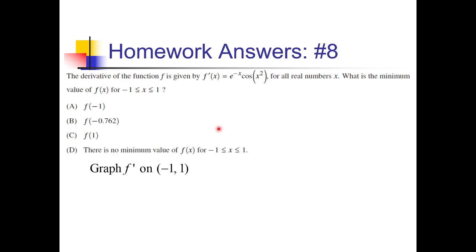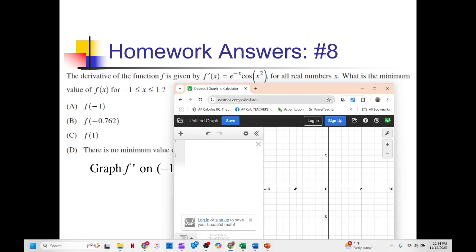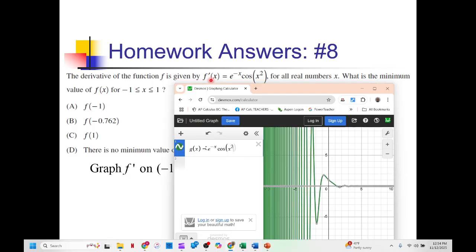So to get this started, we're going to graph f prime on the interval from -1 to 1. So let me go to Desmos for that. So we've got, I'll just call this g of x, just because I can't name things with primes if I don't define f first. So we've got f prime is going to be e to the negative x, and then we've got cosine of x squared, and that's it.